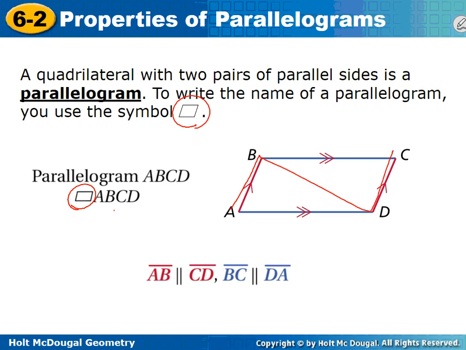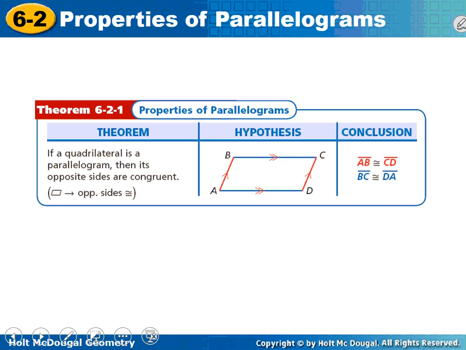The opposite sides will be congruent, and I'm just going to use my little congruent symbol. So that means not only are the opposite sides parallel, but the opposite sides are congruent. If you're looking in your notes, that's this next theorem here, that the opposite sides will be congruent.